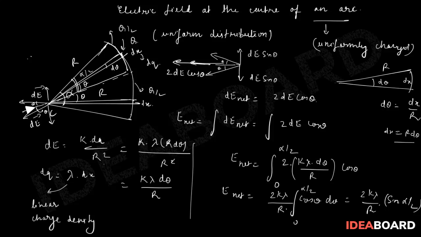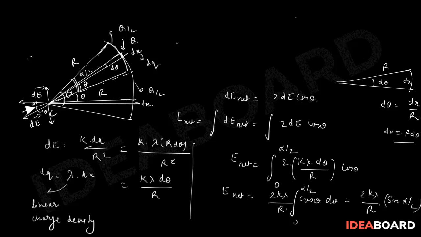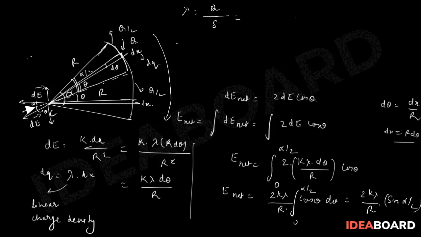Now we have to convert this E net in terms of Q, total charge. So how to do that? Of course we can define lambda is equal to total charge divided by, let's say this arc has s length, so s we can write in terms of alpha.